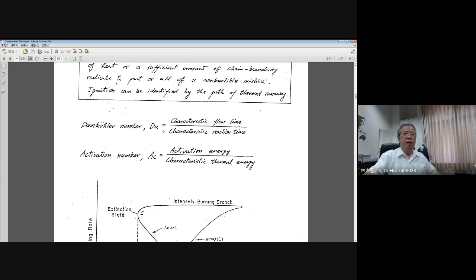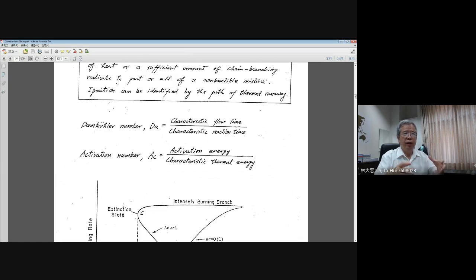Based on the consideration of these time scales, we bring these two together for a comparison. In this control volume, you already have fuel and oxygen. Now we supply heat to initiate the initial chemical reactions. Now there are two time scales, and they are competing.